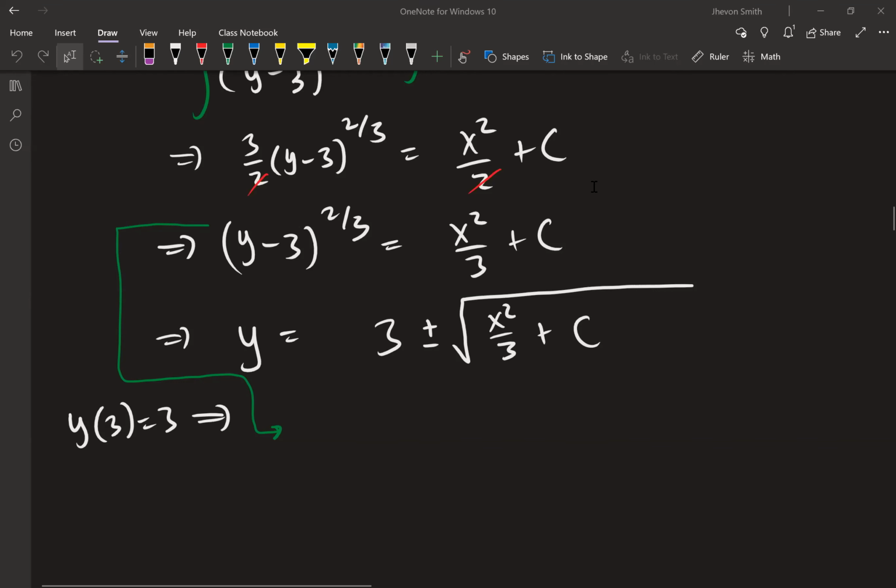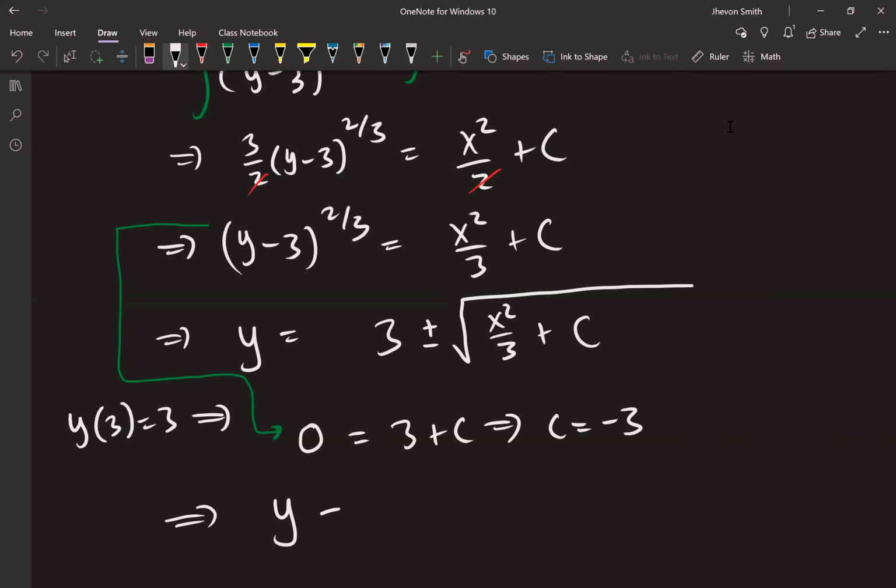Okay, so y of 3 equals 3 means that on this side I have 0. And so on this side, if I plug in 3 for x, I would get 9 over 3, so 3 plus c, which means that my c is going to be minus 3. And so I can get that my y is equal to 3 plus or minus the square root.